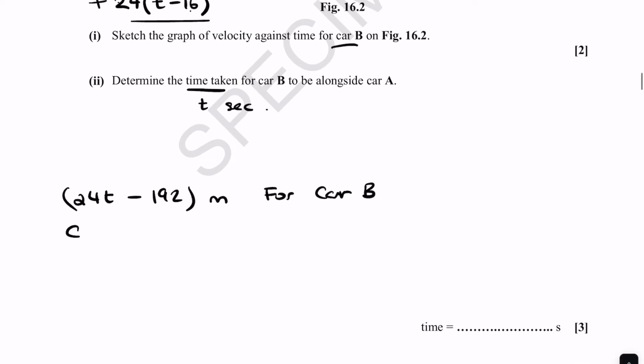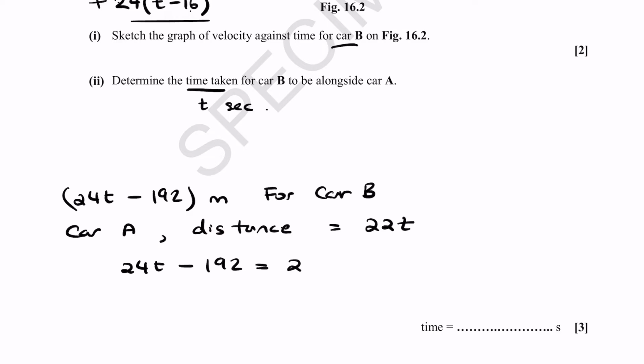So for car A, the distance traveled is 22t. Because these two distances are the same, they are equated to find t. I get 2t as 192, or t as 96 seconds. That was a good question.